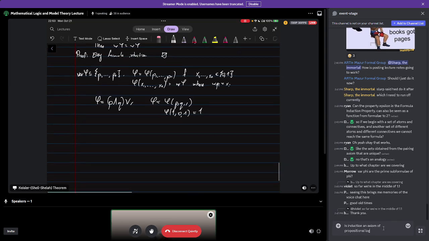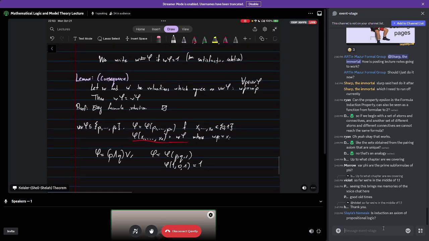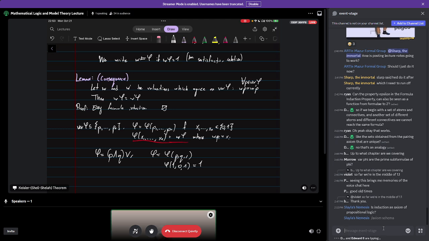And this is well defined. This here is well defined because it doesn't matter what W is defined on for the other propositional variables, right? By the consequence lemma, for the valuation of phi, we only care about W's value on the variables in phi.